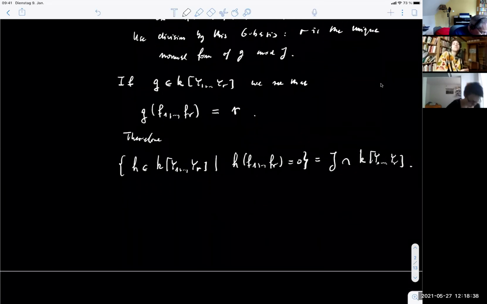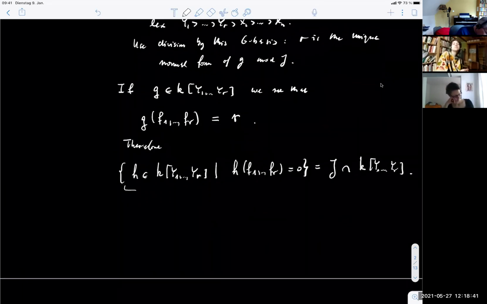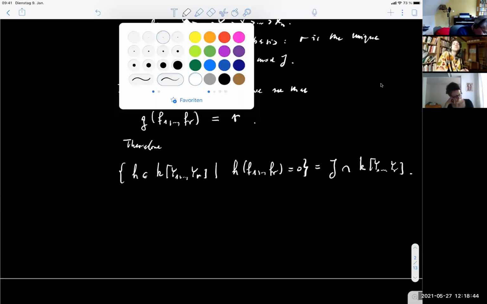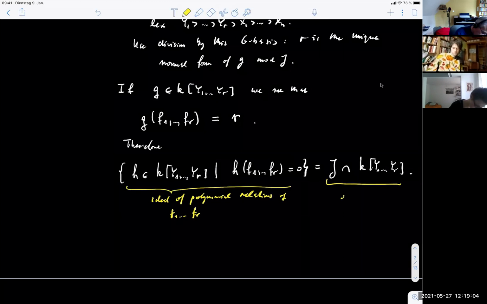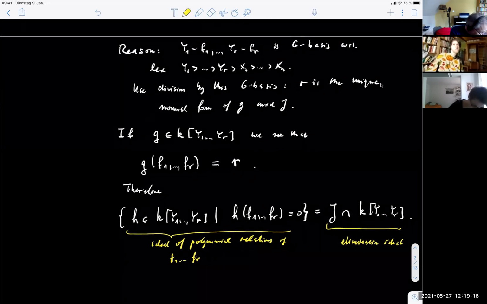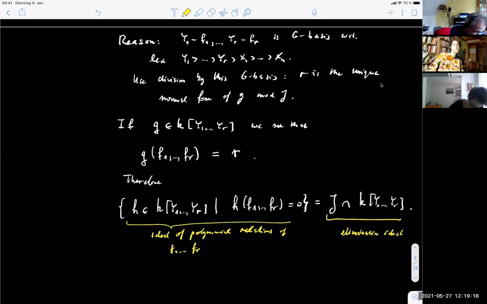Let me write, maybe in yellow, the ideal of polynomial relations of these f1 up to fr, and this is the elimination ideal. And we know already how we can compute elimination ideals using Gröbner bases. Okay, I hope this equality is clear.